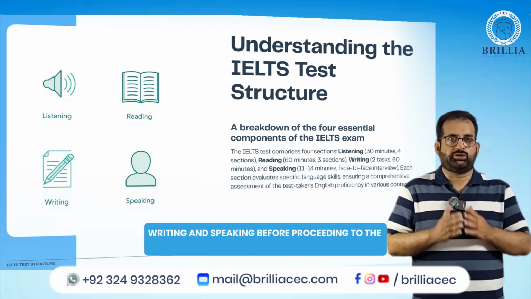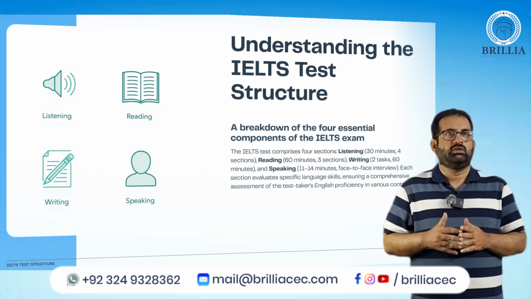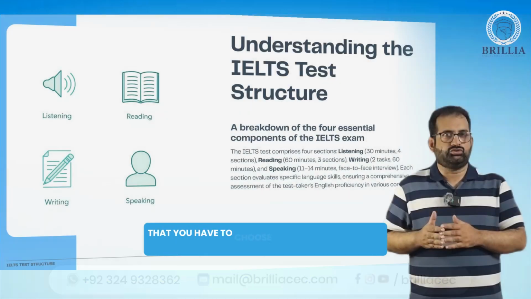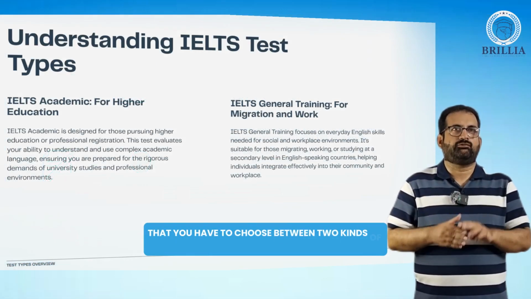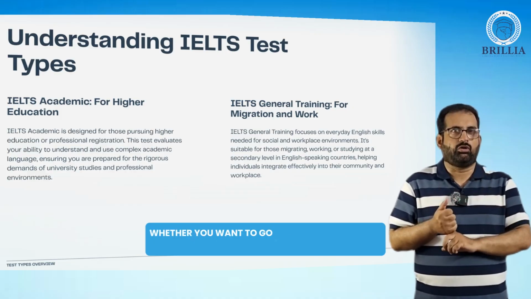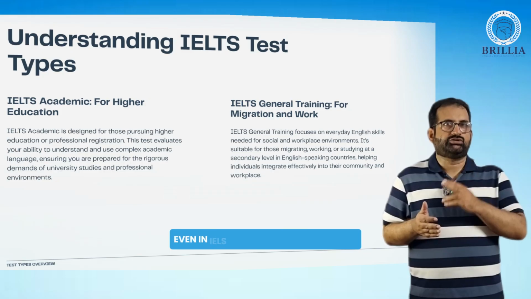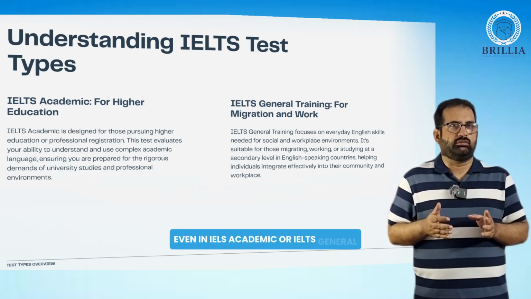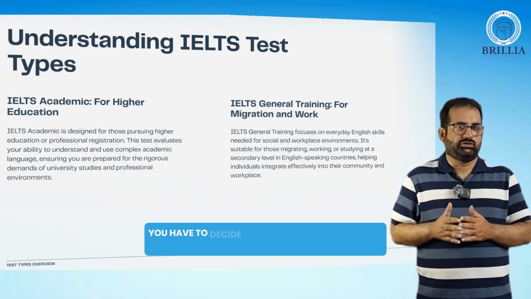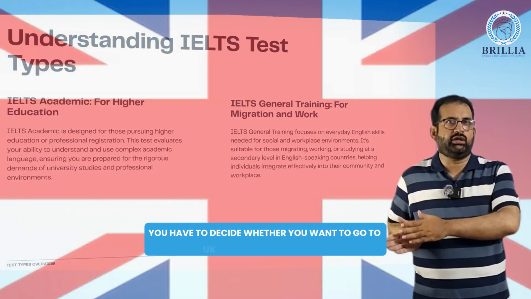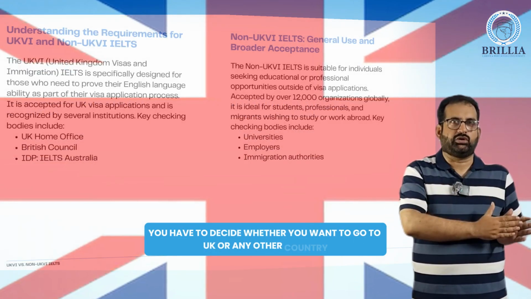Before proceeding to the next, it's important to know that you have to choose between two kinds of IELTS, whether you want to go for IELTS Academic or IELTS General. Even in IELTS Academic or IELTS General, first you have to decide whether you want to go to UK or any other country.